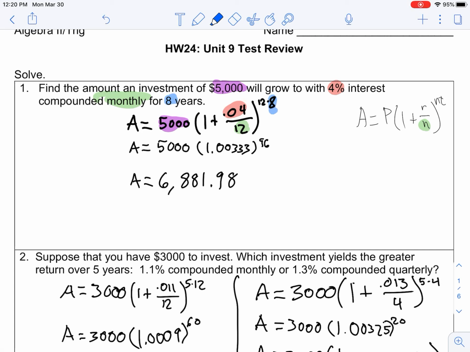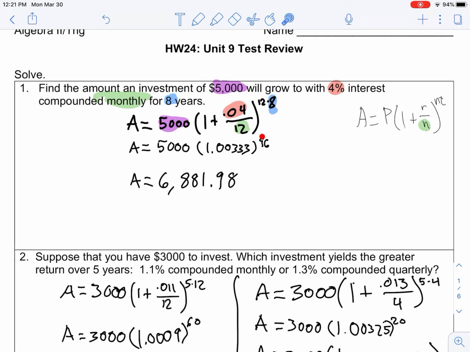Okay? And then all we really have to do once we set up our equation is start solving it out. So the first thing I did 0.04 divided by 12. And then I added that to 1. That's how I got 1.00333. I also did 12 times 8, which gives us 96.